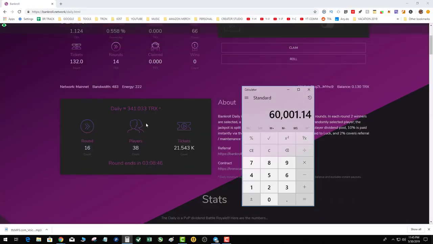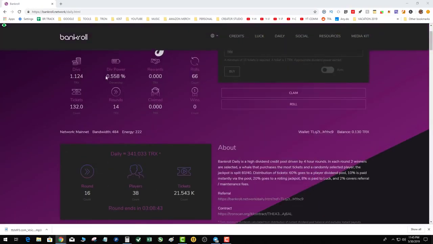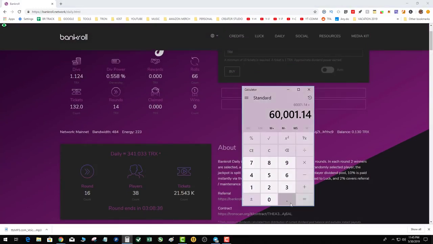You see that my div power is 0.558%. So if I take the 60,000 times 0.558, well, it's actually supposed to be 0.00558, let's try that again. 60,000 times 0.00558, that's more like it.